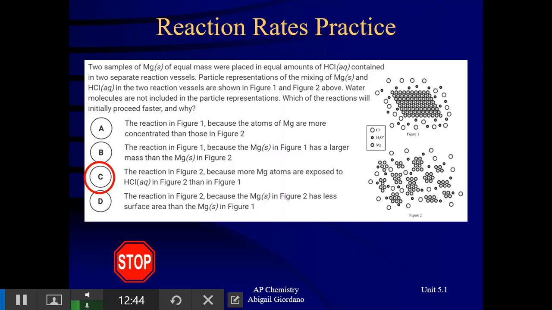It's not going to be letter A because the concentration is the same amount of magnesium. It's not going to be answer choice B. Again, we were told they were the same masses. And D is not correct because it's the exact opposite. Figure 2 has a greater surface area than Figure 1. So that's just an example of a type of question you could see.